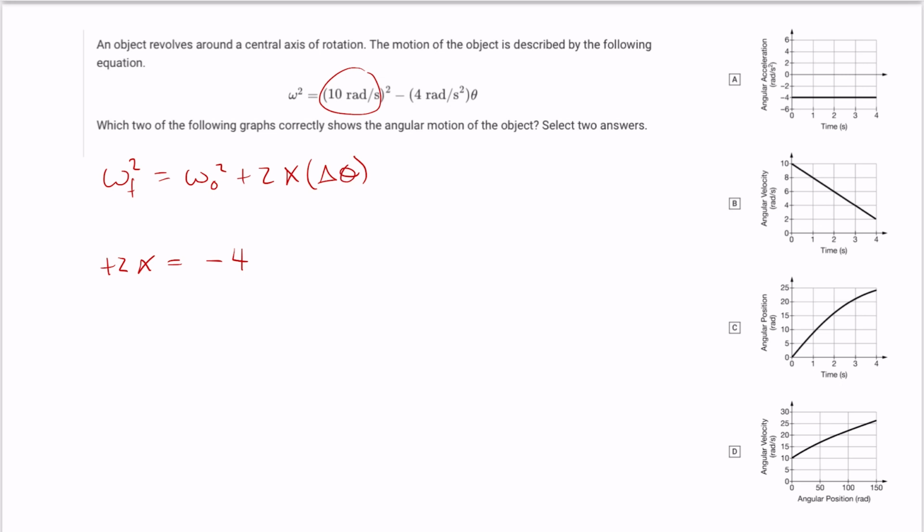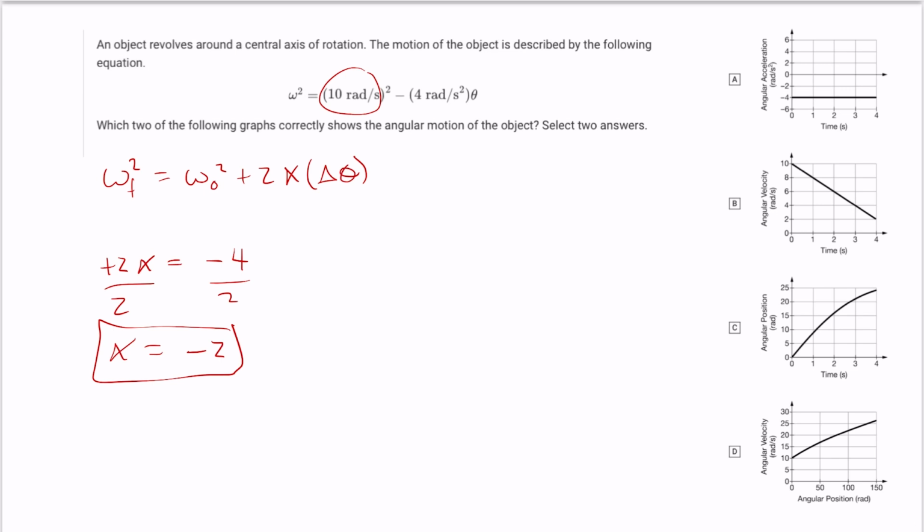So what that tells me is that my alpha, if I divide by 2 here, my angular acceleration should be negative 2. All right, so that's a lot of information that we've just gleaned from this equation. And now let's see if that's enough information to tell us which of these answer choices that are graphs is true.